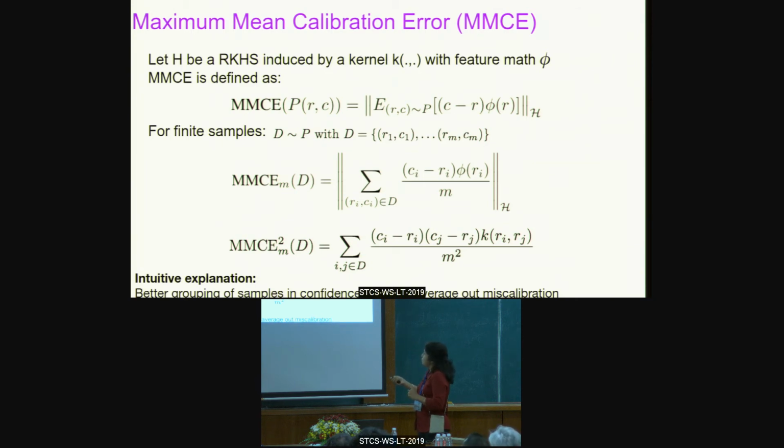If you apply this measure as a regularizer, then you will make sure that points which have nearby confidence values follow some kind of balance between their correctness and confidence values.